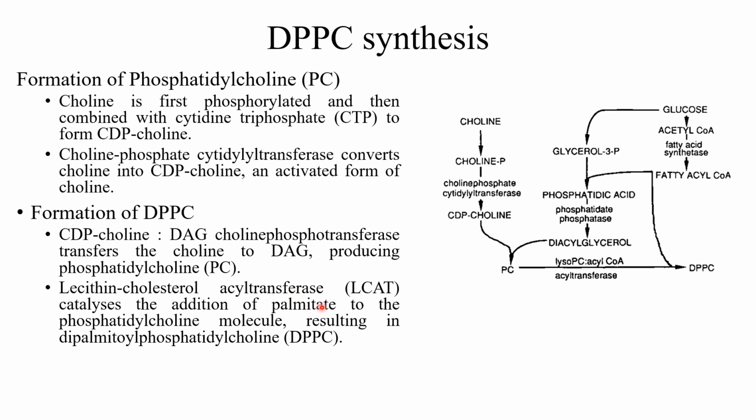We have an acyl group added, and I said commonly it's palmitate, to give us our dipalmitoyl phosphatidylcholine, or our DPPC, which we refer to as surfactant. And this one forms as much as 70% of the lipids that we find in the compound surfactant.